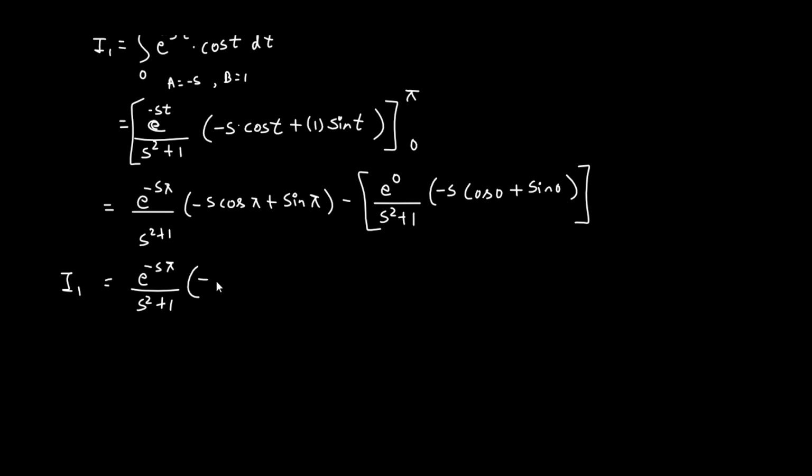So cos pi is minus 1 and sin pi is equal to 0. So minus s and minus 1 get plus s.